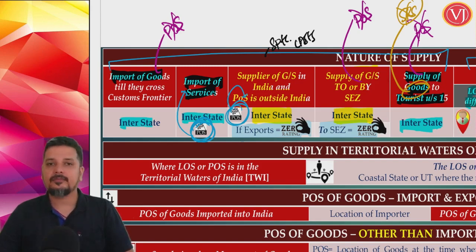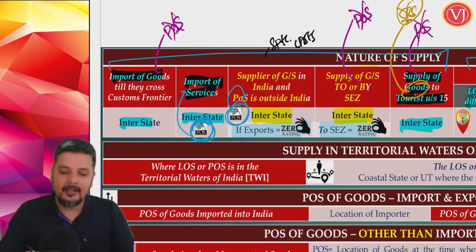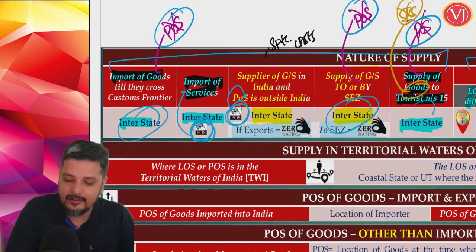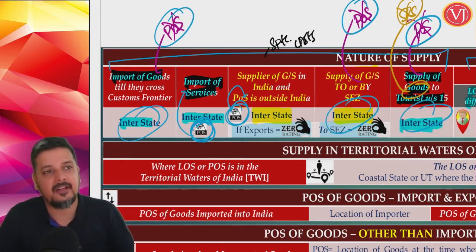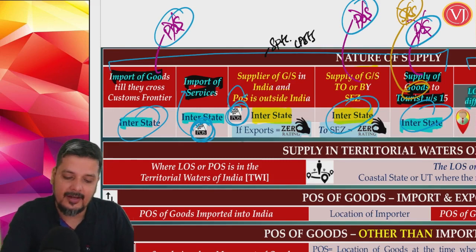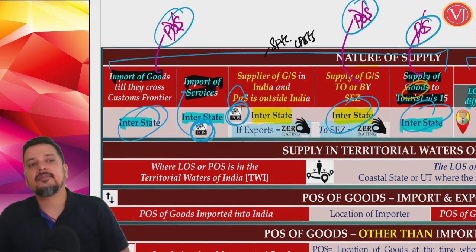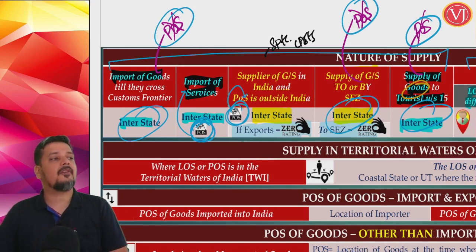international tourist. In 3 cases, without even finding out place of supply, you decided that it is interstate supply, which means it is IGST. So there are a few cases where you don't even evaluate the first step and second step.